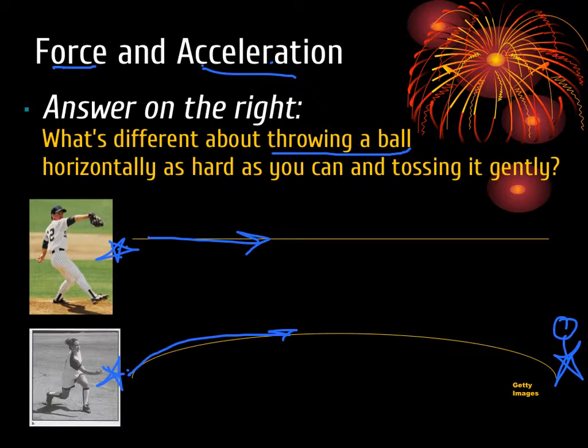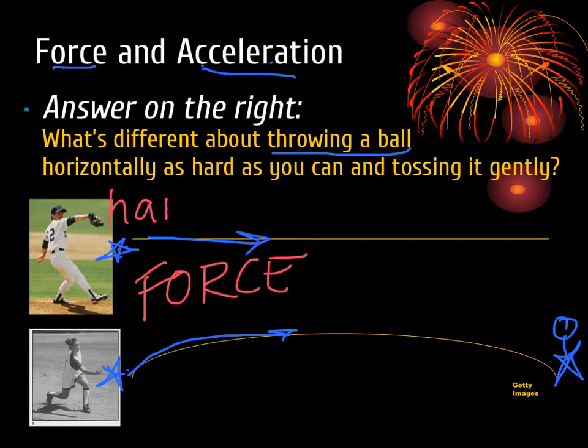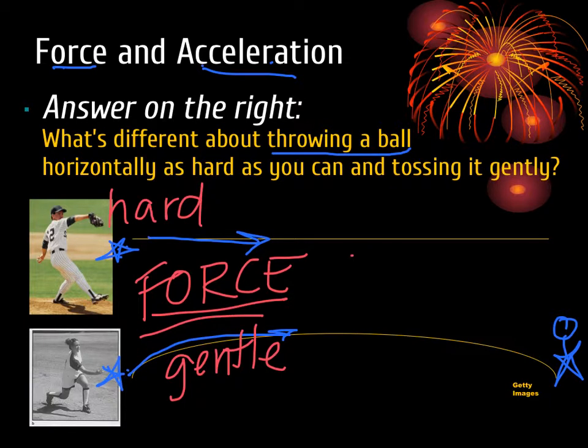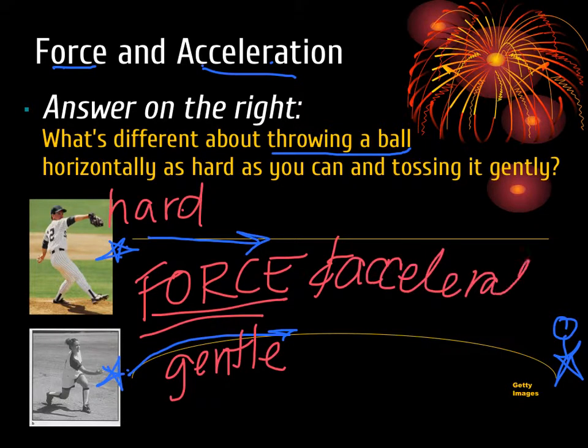What's different here about these two scenarios is, of course, force. Right here, the directions where I'm throwing it as hard as I possibly can, whereas here, I'm giving it a gentle toss up into the air. So force is definitely different, and because the force exerted on each ball is different, that means my acceleration will also change.